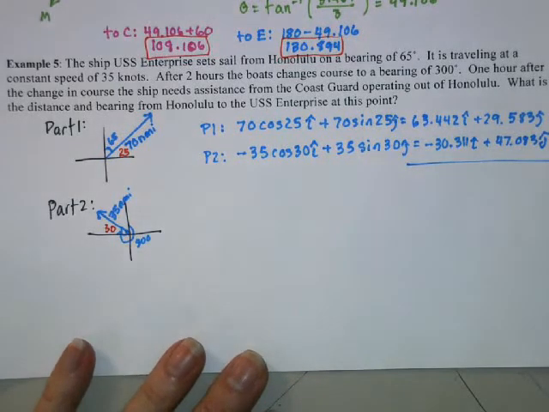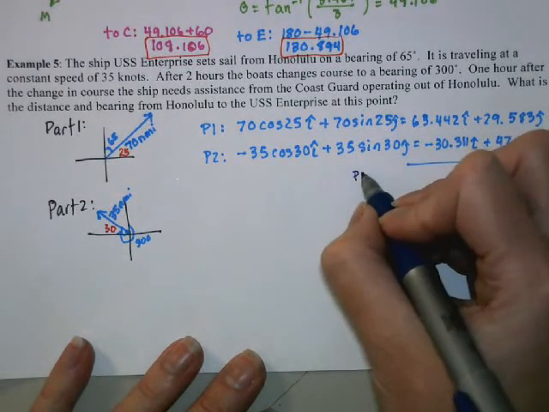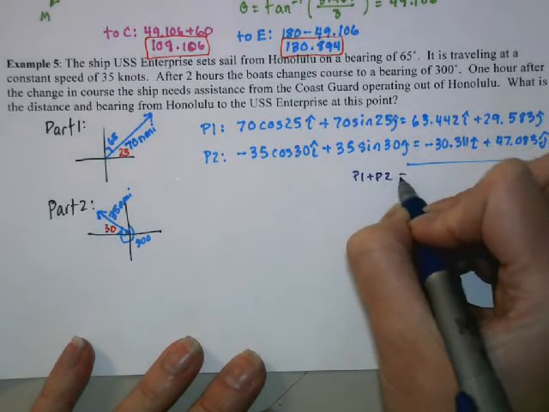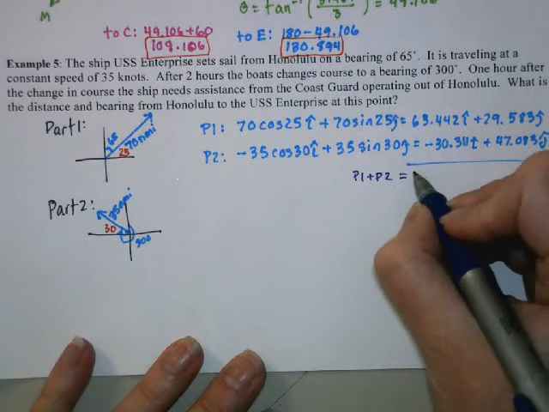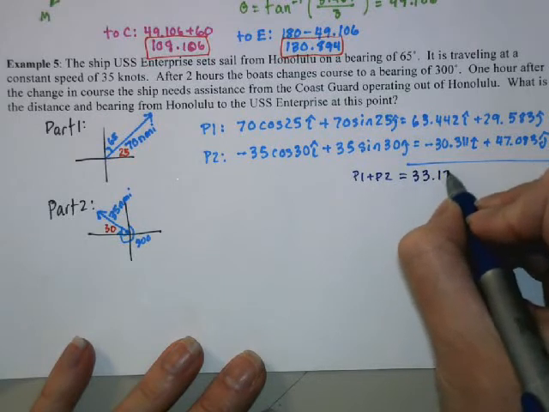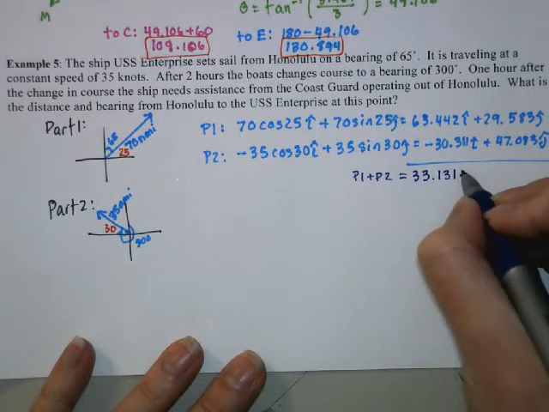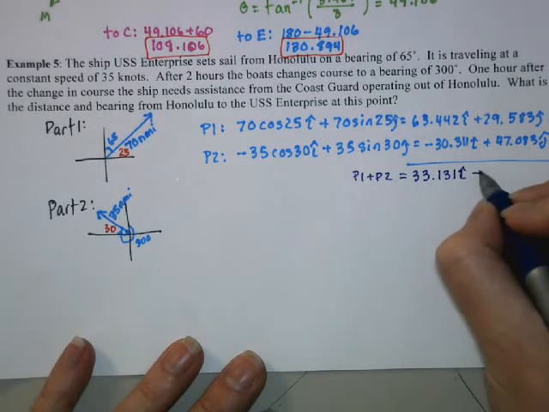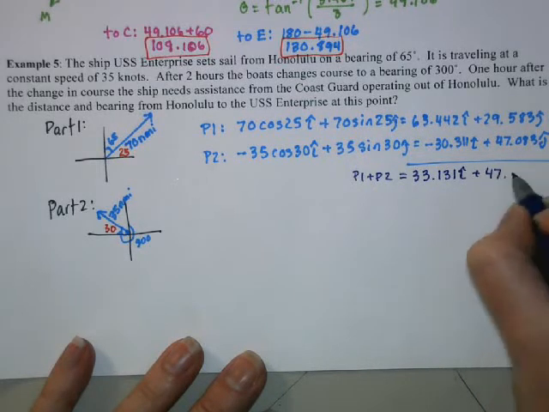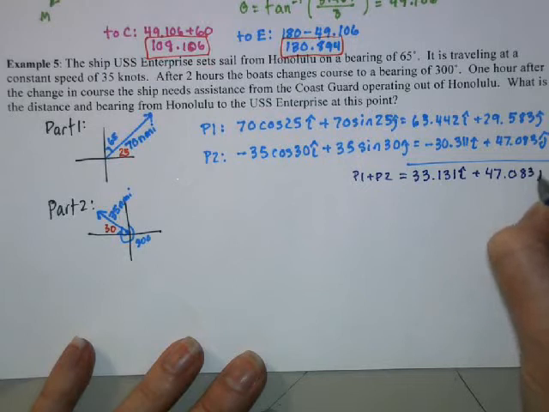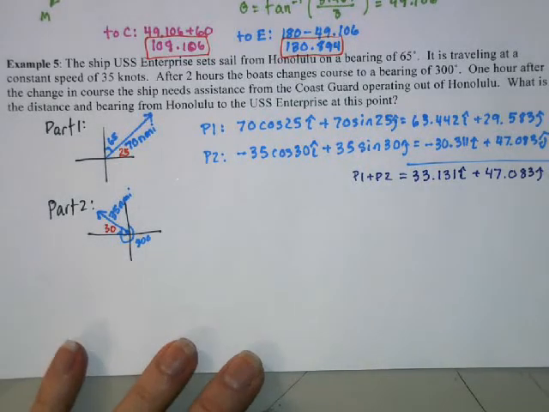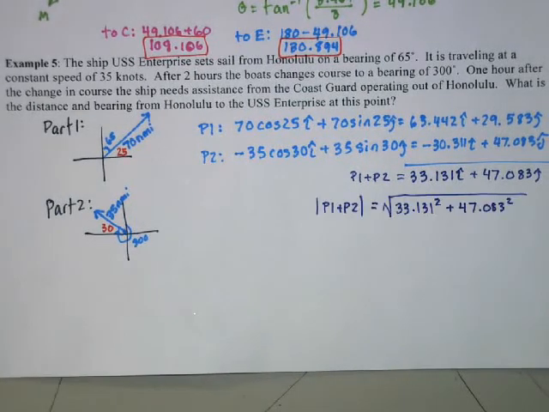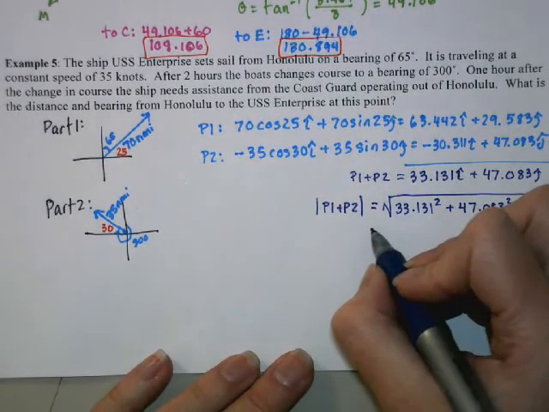We'll add these together to get our final components. Okay, we'll put this in the Pythagorean theorem to get the distance.